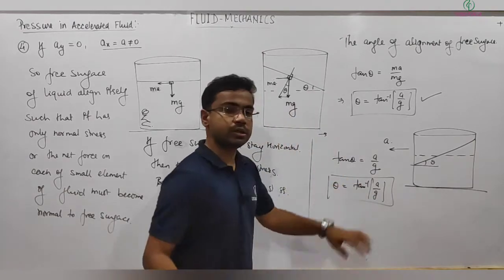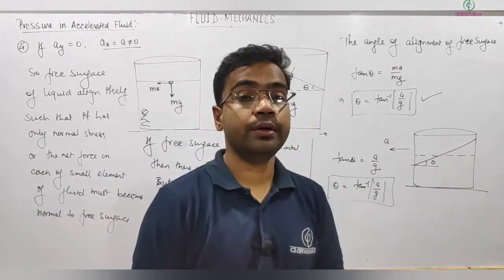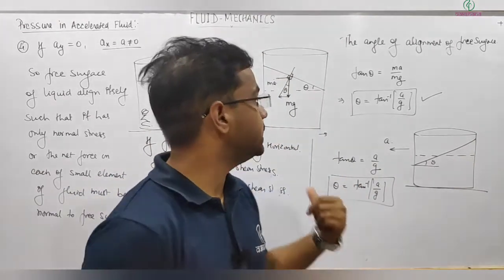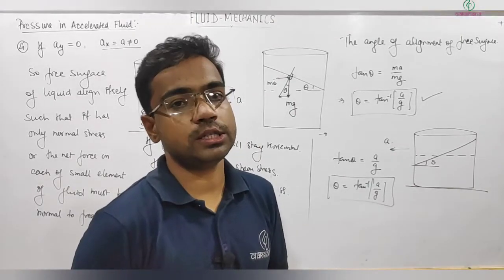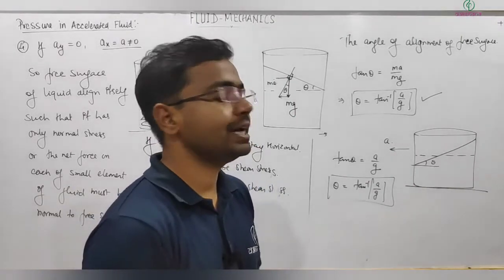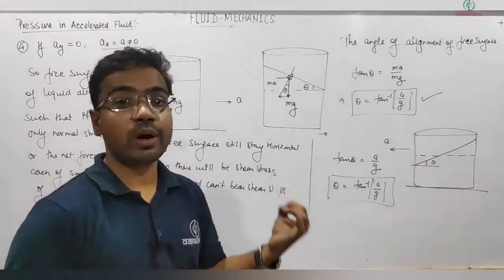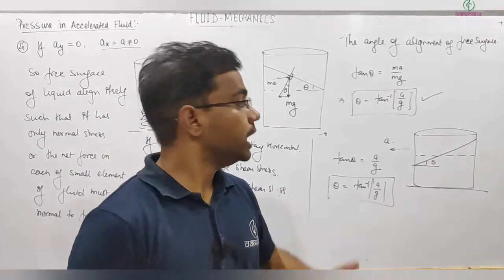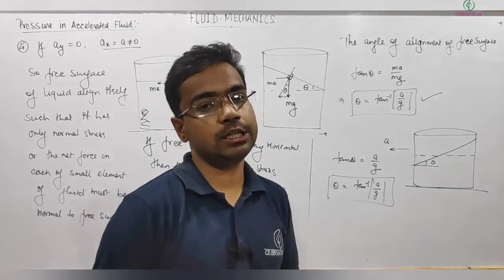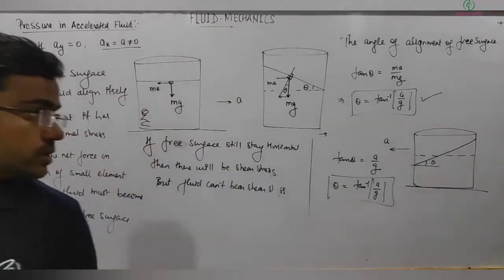So this is about the alignment of the free surface when the container is given some acceleration in the horizontal direction. The next point is, what will be the pressure variation when there is acceleration in the horizontal direction?